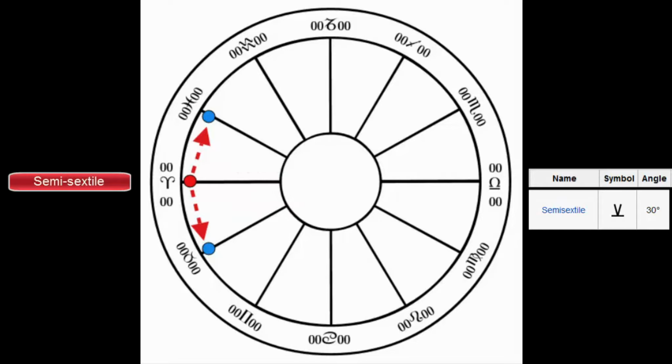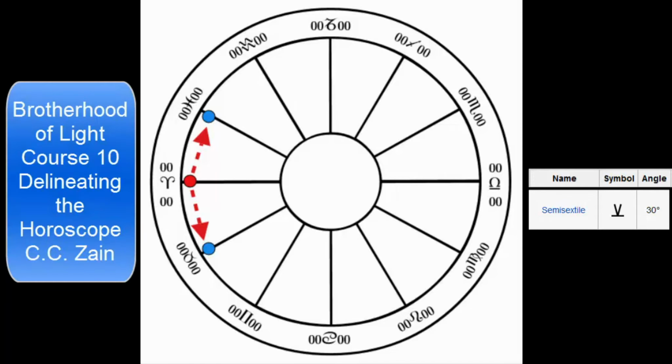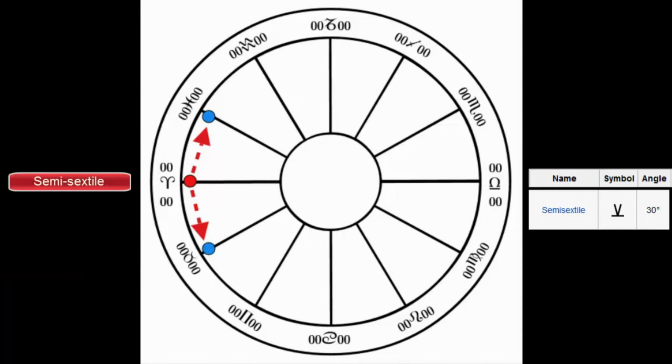The keywords and sentences for the various aspects that I will give you, I will be reading from Course 10 of the Brotherhood of Light series, and this course is called Delineating the Horoscope. And they're all written by C.C. Zane. A semisextile tends to attract conditions offering many small advantages for further growth.